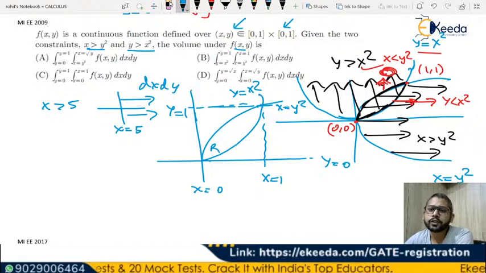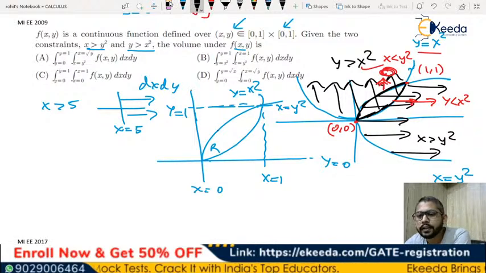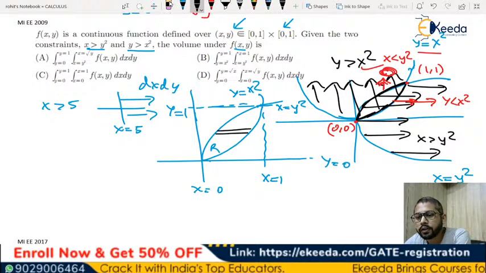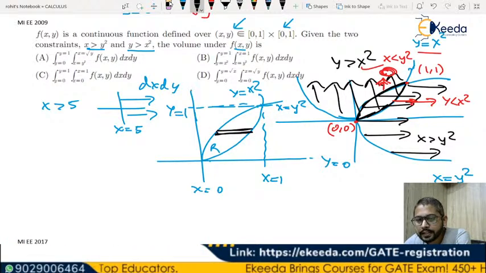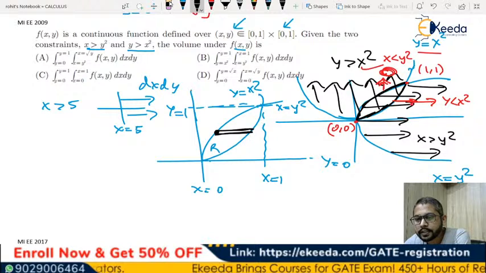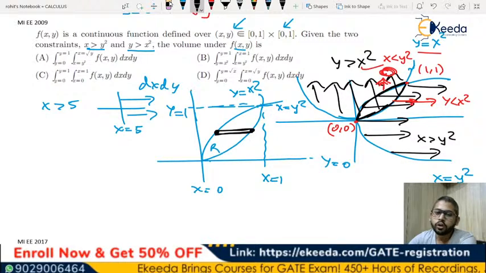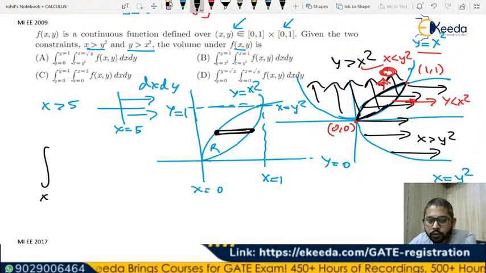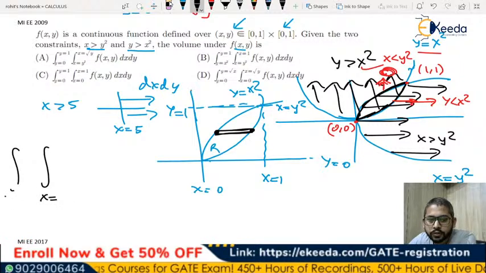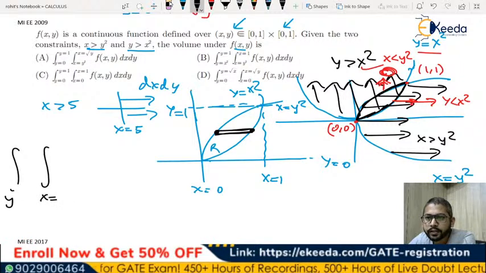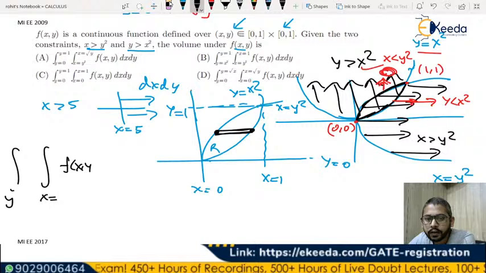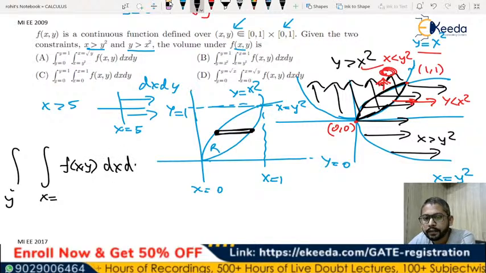Now dx dy. So if it is dx dy, we will take the element as a horizontal element. So this is the horizontal element we are taking, and this is the initial point, and this is the end point. So the integration from x equal to the limits, for the function f of xy, dx dy.